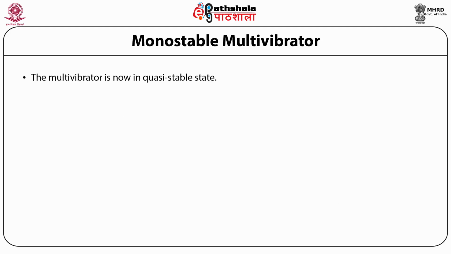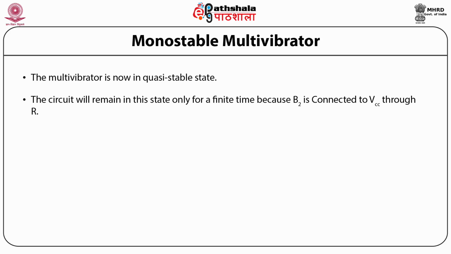So here the multivibrator is now in a quasi-stable state and the circuit will remain in this state only for a finite time because B2 is connected to VCC through R.